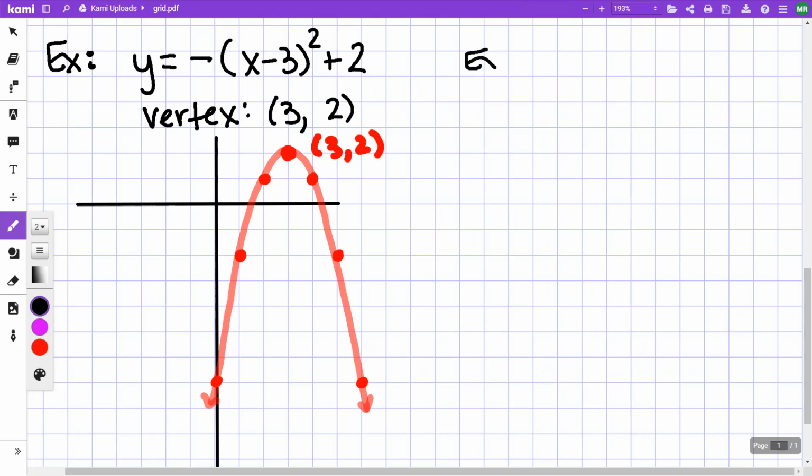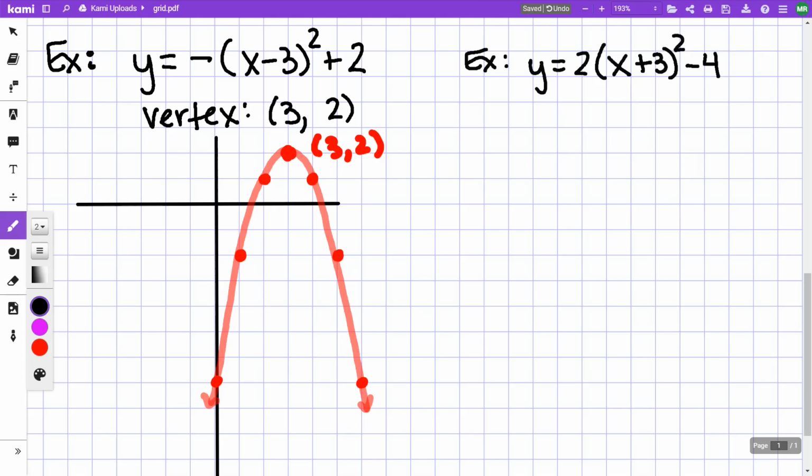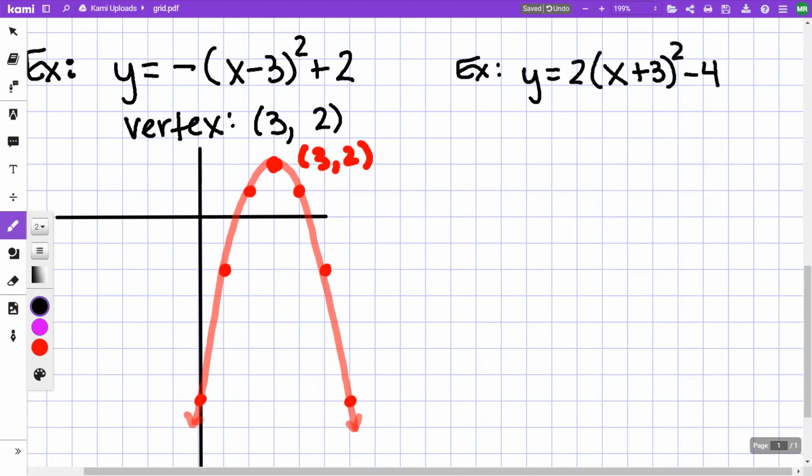And I do y equal 2 times the quantity x plus 3 squared minus 4, something like that. So y equals 2 times the quantity x plus 3 squared minus 4.